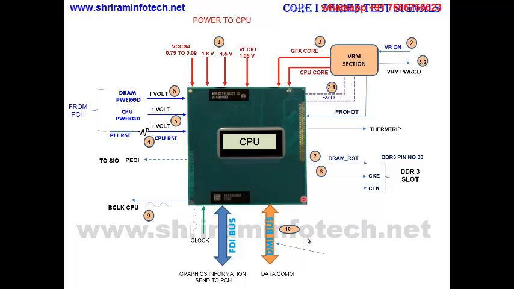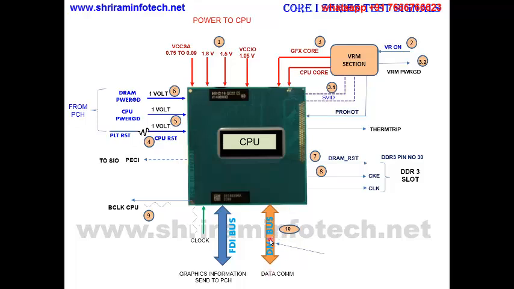And finally the CPU has two communication protocols. Like in a Core 2 Duo processor there is only one bus, called the FSB, front side bus, where the CPU communicates with the north bridge. Here there are two buses, one is called the DMI, another is called the FDI. DMI is the Direct Media Interface, which is the bus that communicates with the PCH, all the data.